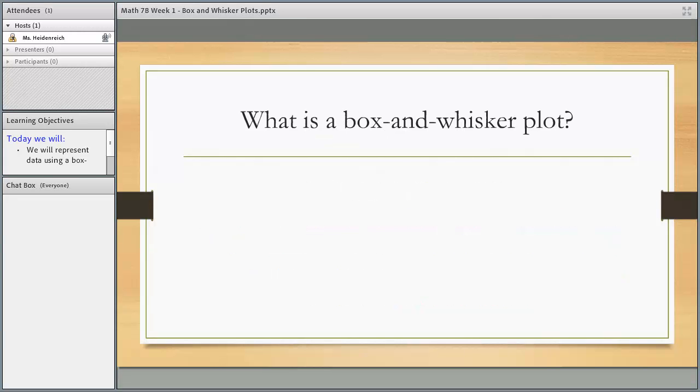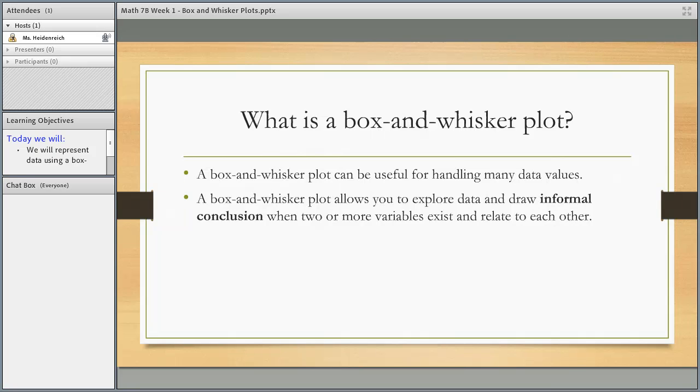So let's begin by talking about what a box and whisker plot is. It's a plot that's useful for handling a large data set. It could be used for any kind of data set, but you can use it to represent a lot of numbers all at once. And what it does is allow you to draw informal conclusions about how two variables are related to each other. So when we look at our box and whisker plot, we're obviously not going to show all of the numbers from the data set.